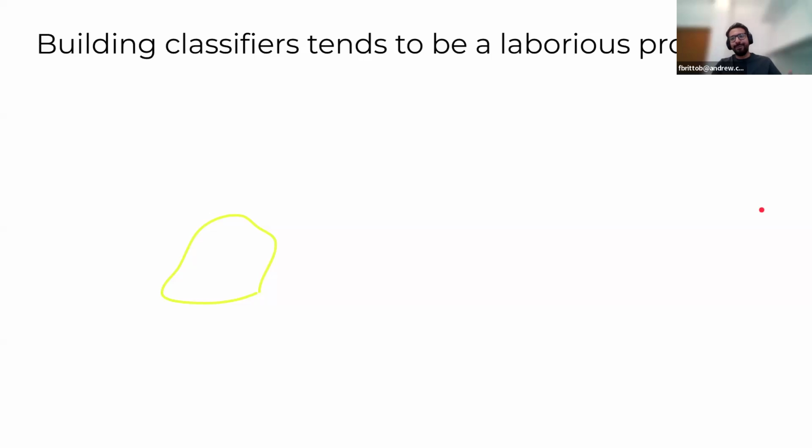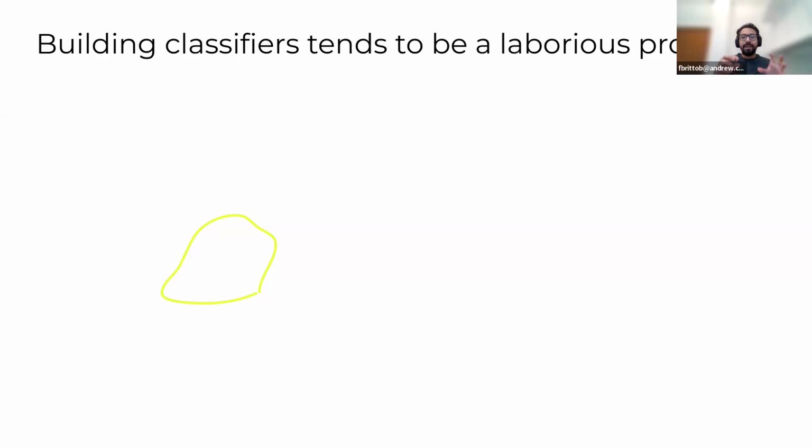Long story short, we built some classifiers. And the system-level approach to cell engineering that I just showed you is really helpful, because it helps everybody understand the rationale behind our designs.